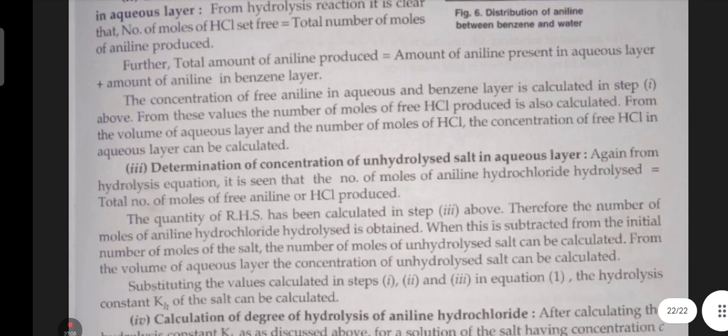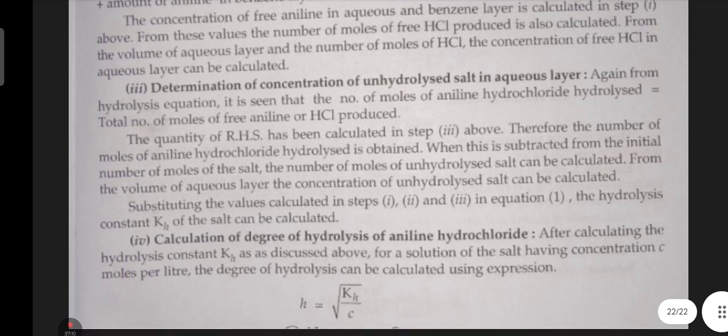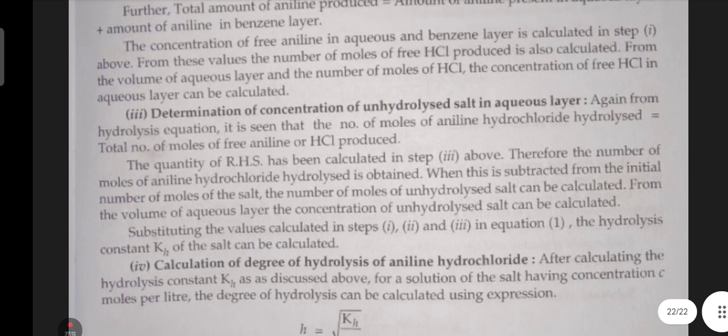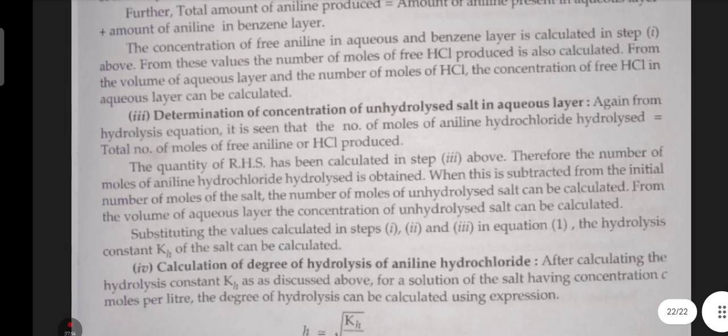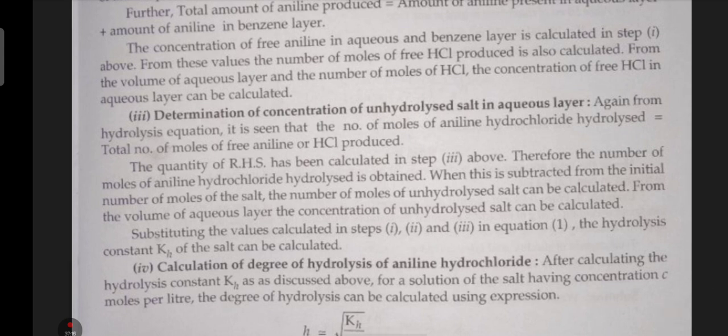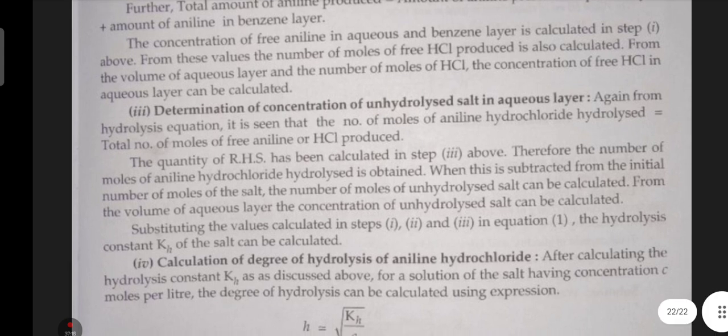The concentration of free aniline in the aqueous and benzene layers is calculated in step 1 above. From the number of moles of free HCl produced and the volume of the aqueous layer, the concentration of free HCl in the aqueous layer can be calculated.